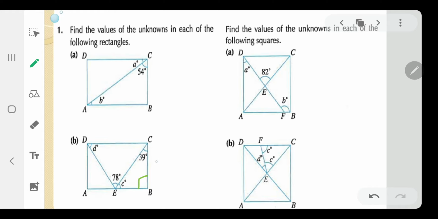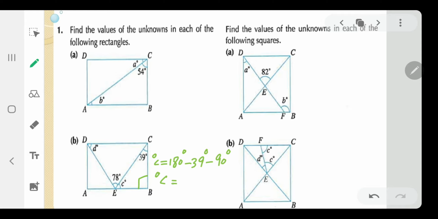So we can find the value of C by writing C is equal to 180 degrees minus 39 degrees minus 90 degrees. So the value of C will be 180 minus 39 minus 90, this is 51.